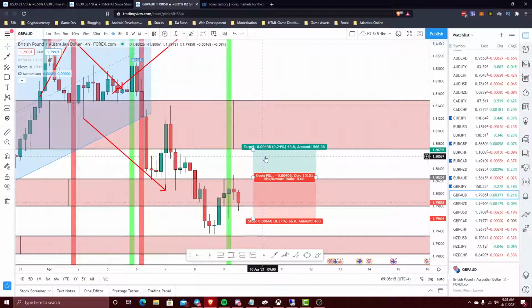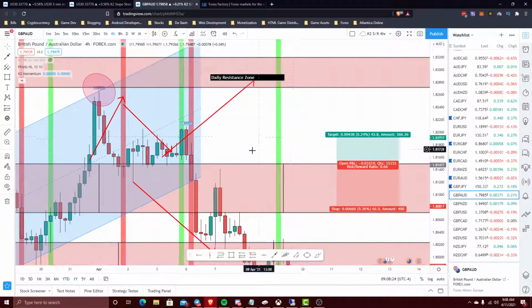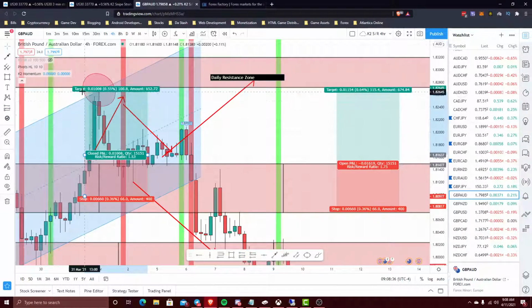It's like 44 pips. If not, then I'll just wait until we get back up to this point, because as you can see here, if we go in this point, we could easily get 100 pips. Like if you go back in time here, boom. Yeah, that was an easy 100 pip move there.